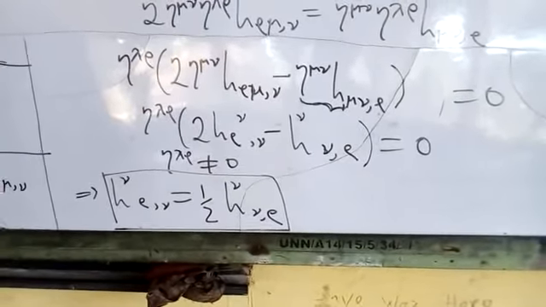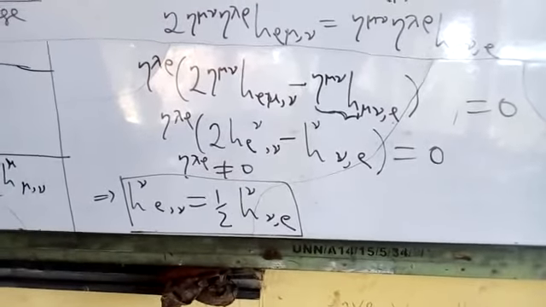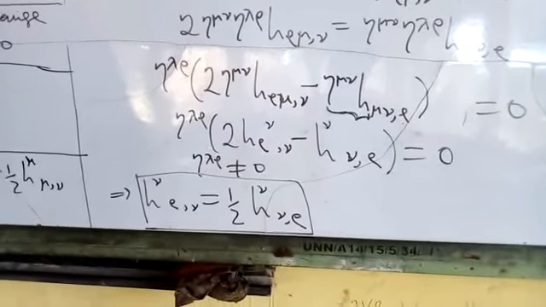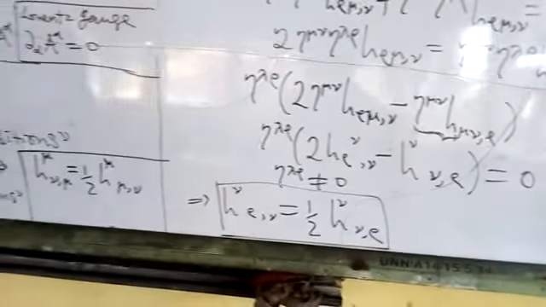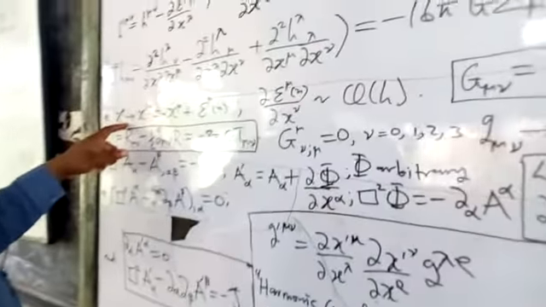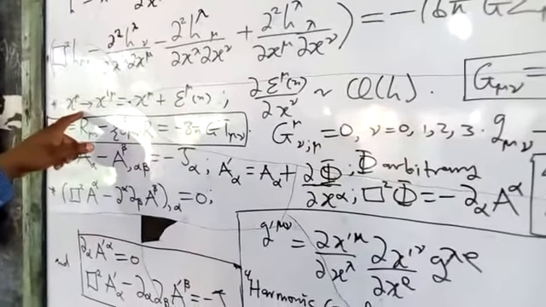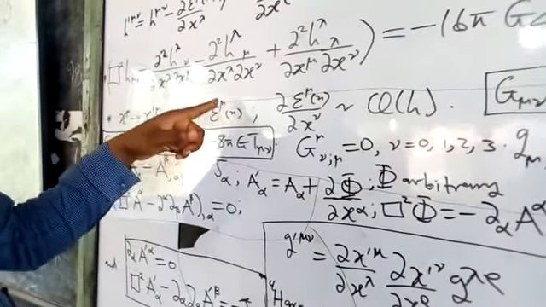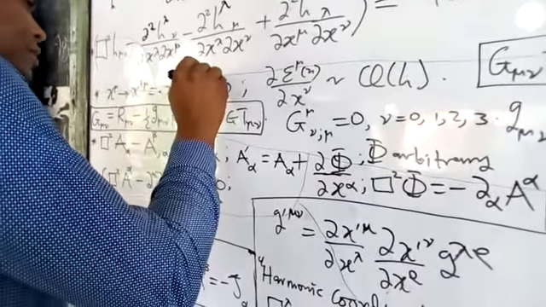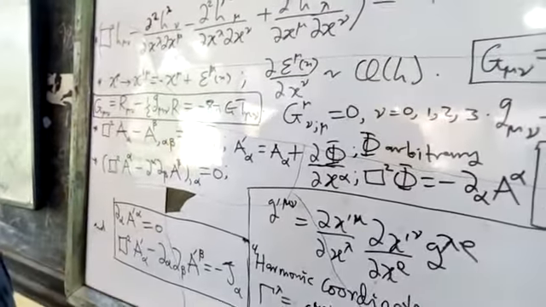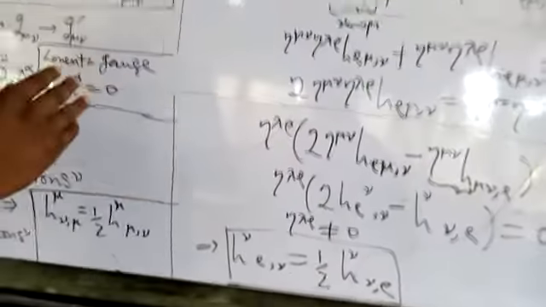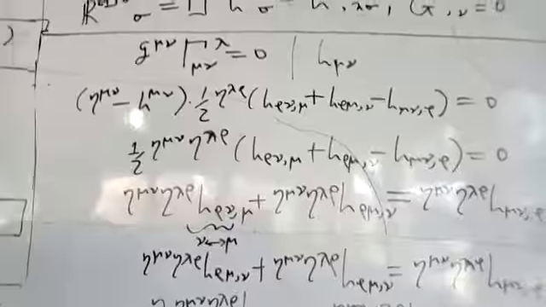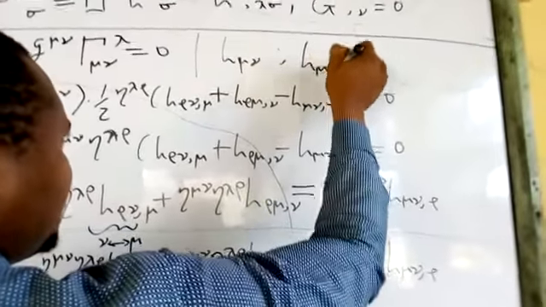As a result of the degree of freedom that we have in our linearized Einstein field equation, adumbrated by this coordinate transformation, which is affected by the presence of this function, and there should be 4 of them because of the mu here, ranging from 0, 1 to 3, then if this is the condition for h mu nu, it might as well be the same condition for h mu nu prime.